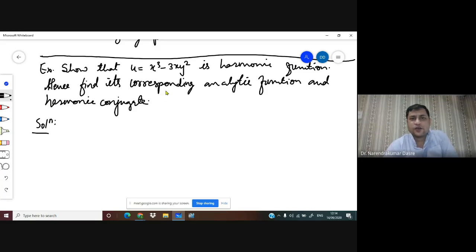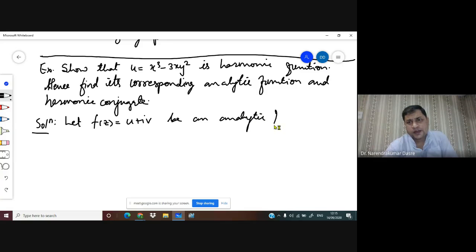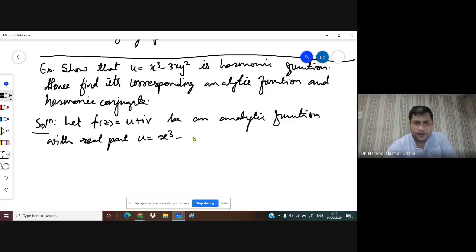If I want to find out the analytic function, what is the first step I should have? So let f of z is equal to u plus iv, as we know we have to use the Milne-Thompson method, be an analytic function with real part u is equal to x cube minus 3xy square.